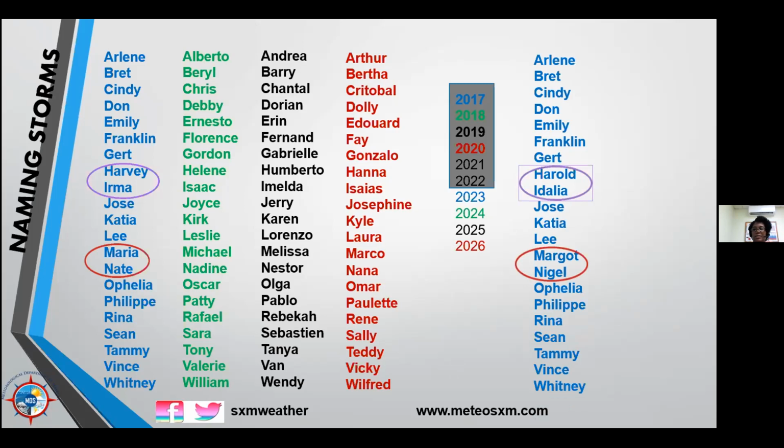So that is how they replaced the names. Now for 2019, no names were removed because in 2020 we had COVID and there was no meeting to analyze the 2019 season. So they have agreed that in 2021, they will retire names for both 2019 and 2020. So you will not see the changes until 2021.